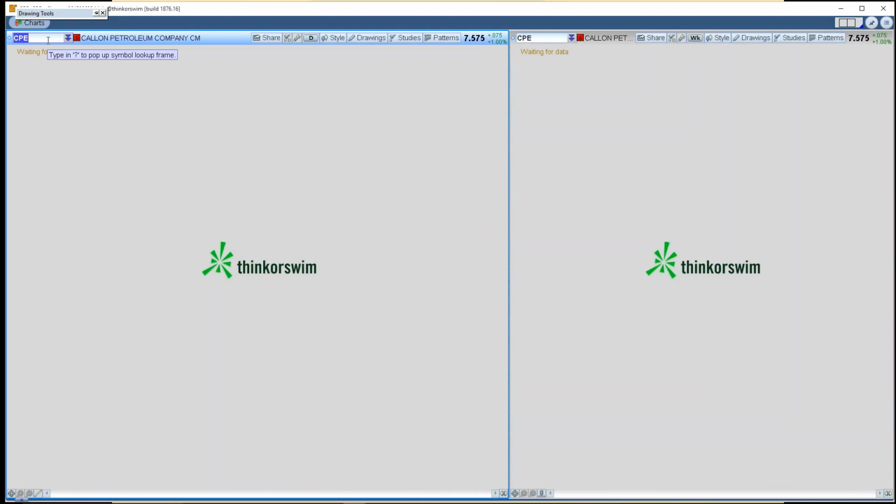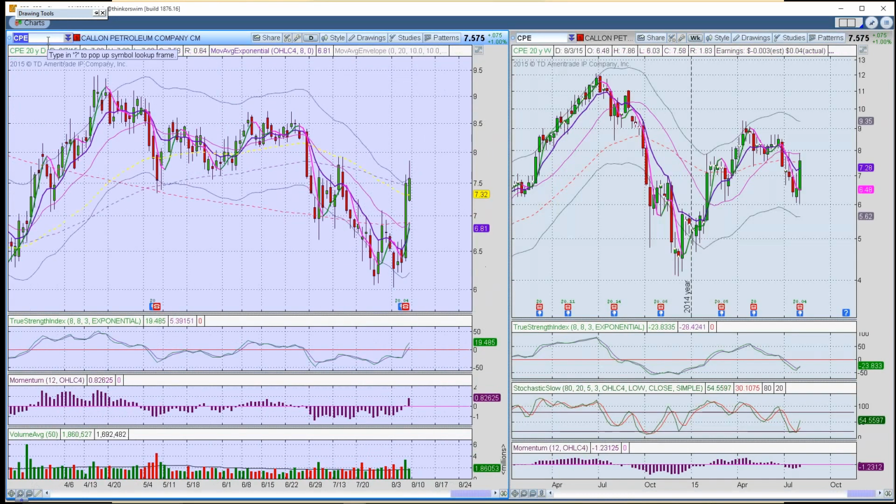CPE. Okay, it's a petroleum company. I don't know a lot about it. Let's see. I'm moving things around on my screen so I can see it.